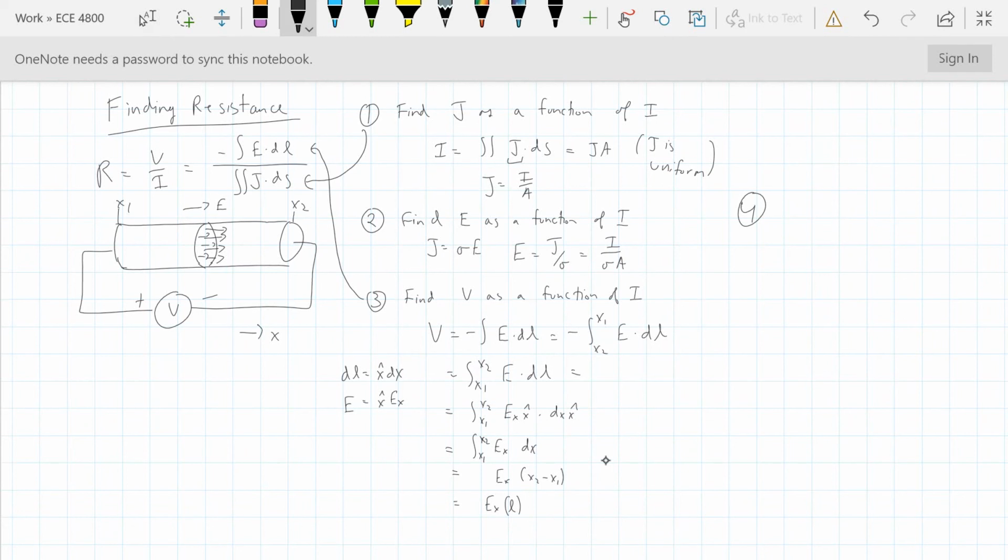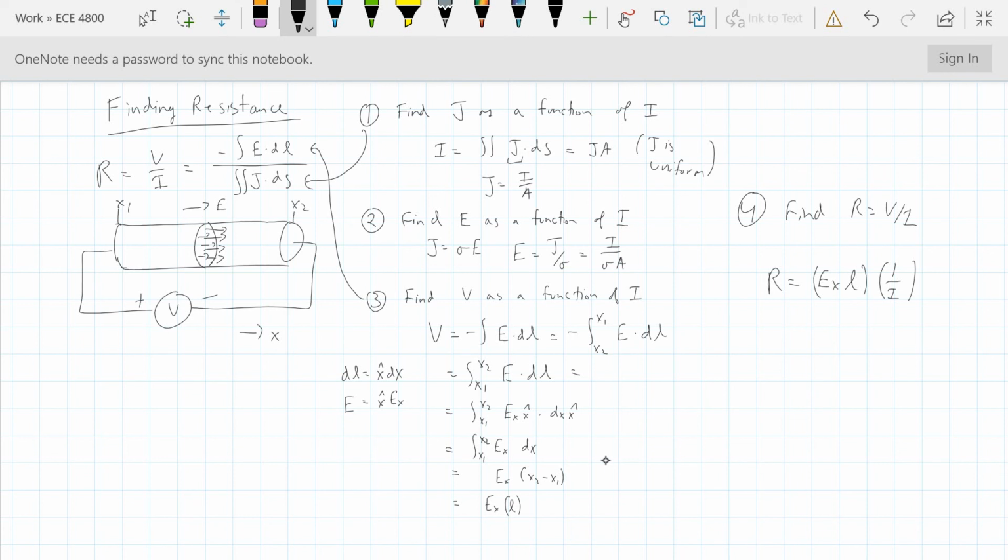All right, so now that we've found this, the last step here is to find R equals V over I. So we found V as a function of I. So R is equal to V over I. Let's put in our V first. Our V is E sub x times L, divided by I, so we just have 1 over I here.